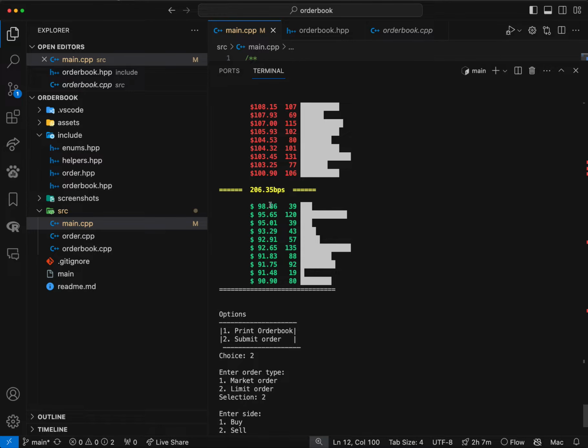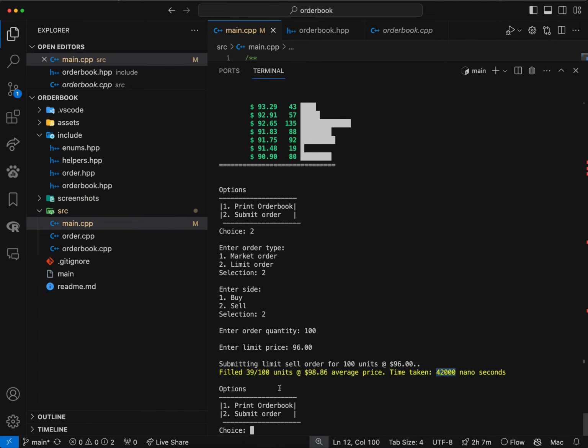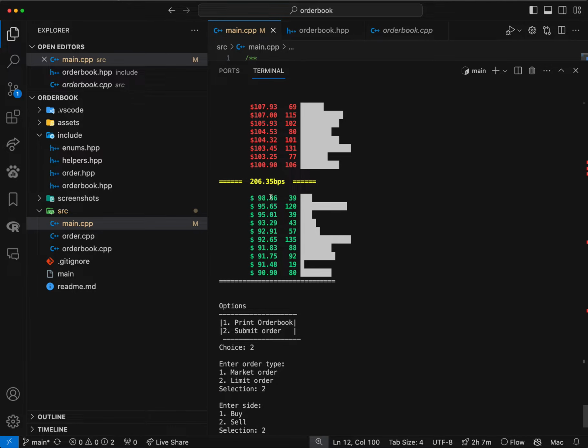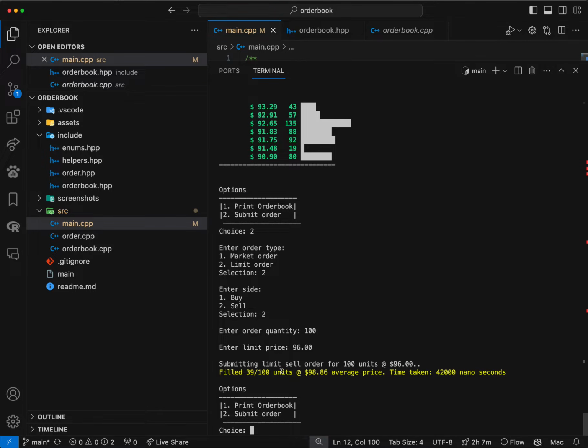So what do we expect to have happened? Well, we put in an order for 100. We got partially executed at this price, which would be here. Since we submitted it for greater than 39 units, that means we wiped this whole level, so this level will be gone from the order book. But of course, we weren't filled all the way. So what's left with the other units?